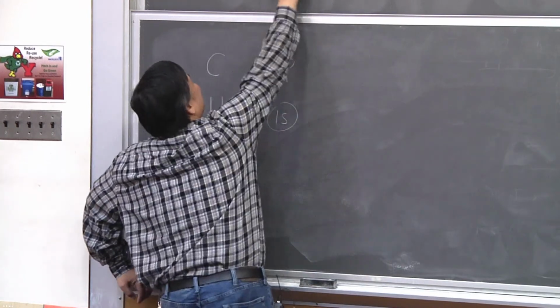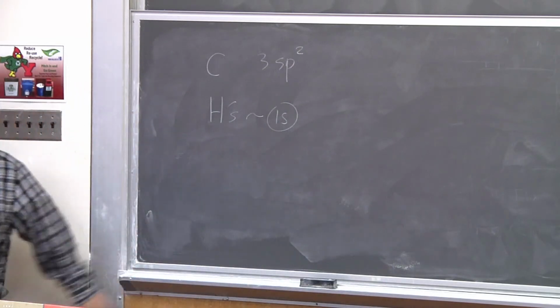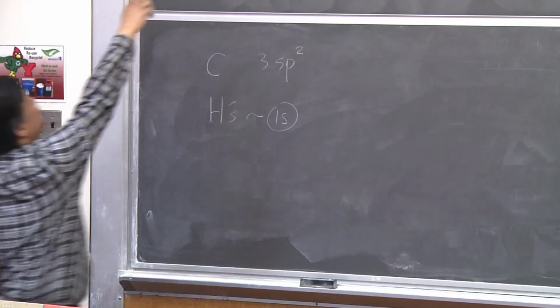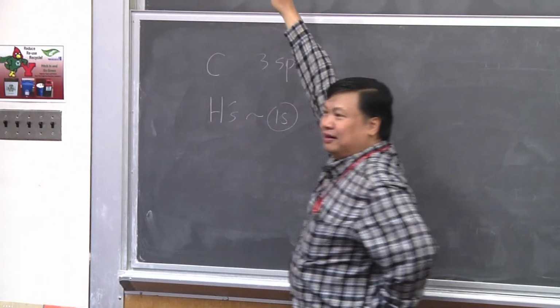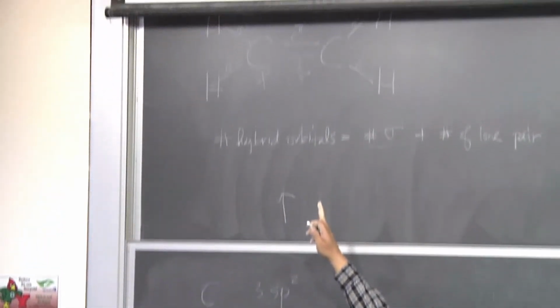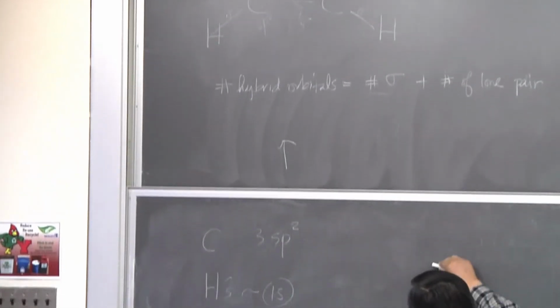There's 3 sp2's. How many sigmas do we have? 3. So we need 3 hybrid orbitals. Each one of them would be an sp2. So they're going to look like this.